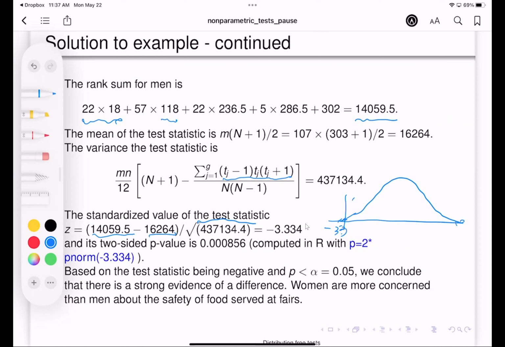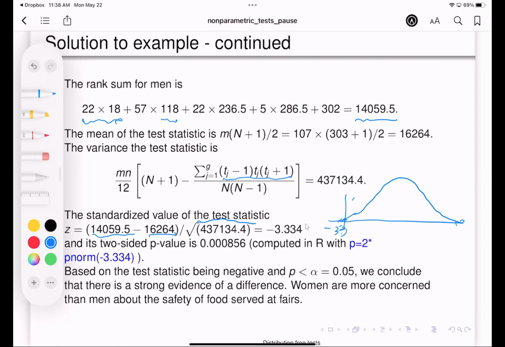Twice of pnorm with this value gives us the p-value. This computed p-value is about 0.000856, if we do the calculation based on this normal distribution. This is apparently significant if we use 0.05 or 0.01 as the significance level.